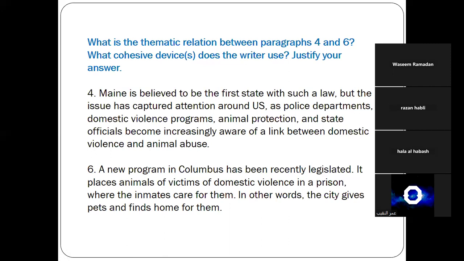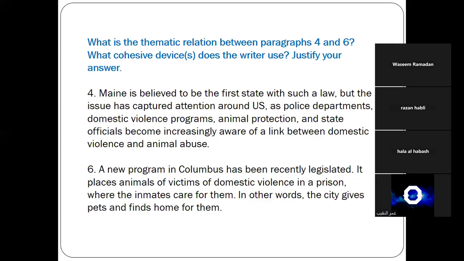So paragraph 4 is stating a certain problem increasing, and paragraph 6 is saying that a new program has been legislated, and those who are committing the crime of animal abuse are thrown in prison for being violent against animals.